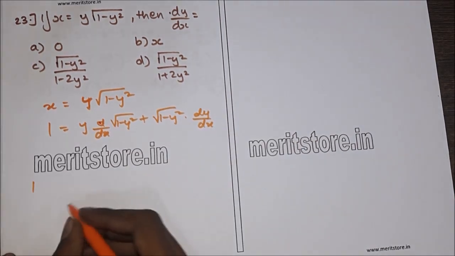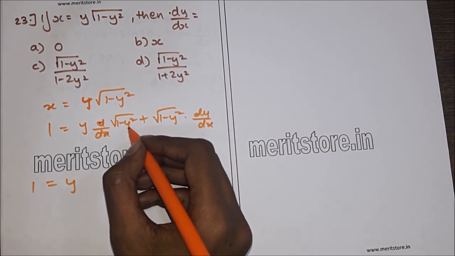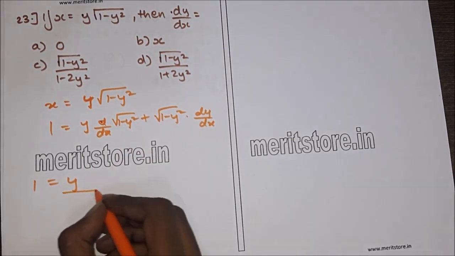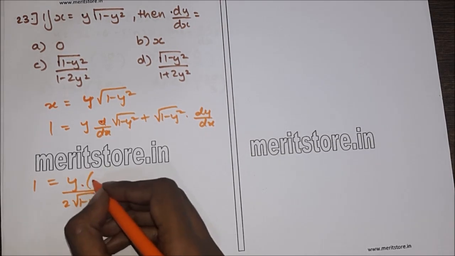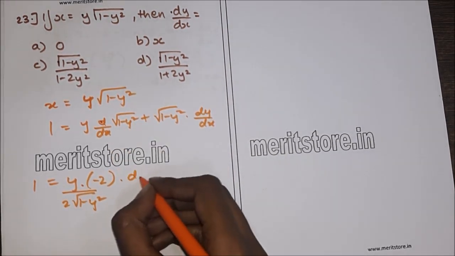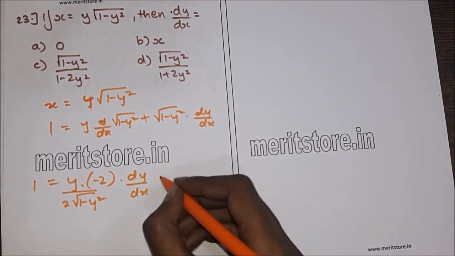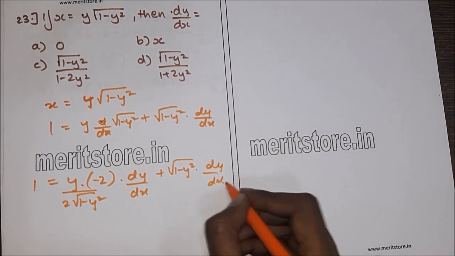So this is 1 equals y into derivative of root of 1 minus y square is 1 by 2 root 1 minus y square into minus 2 y, derivative of y square, into dy by dx plus root of 1 minus y square into dy by dx.